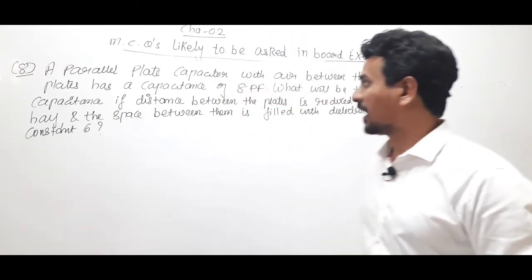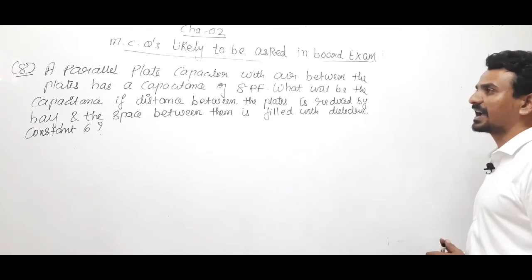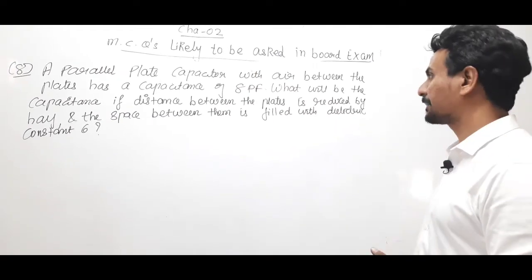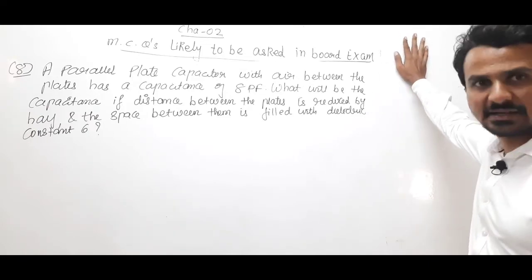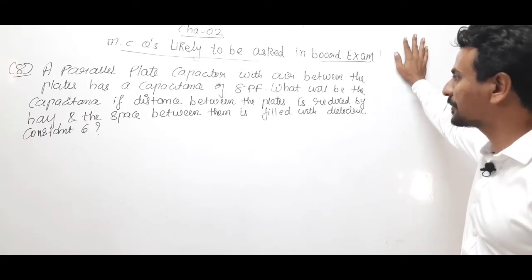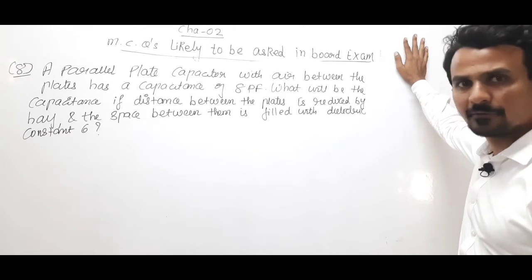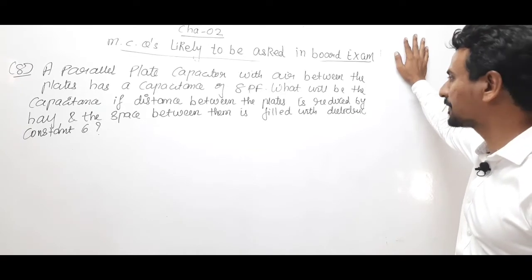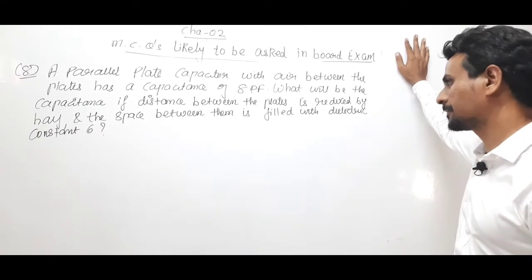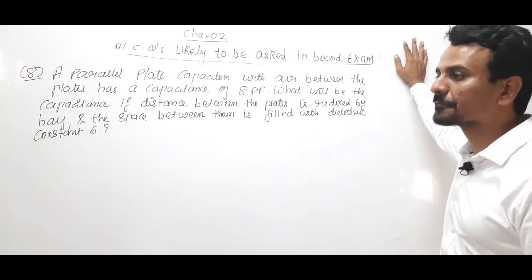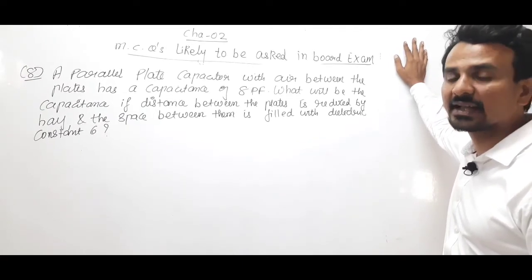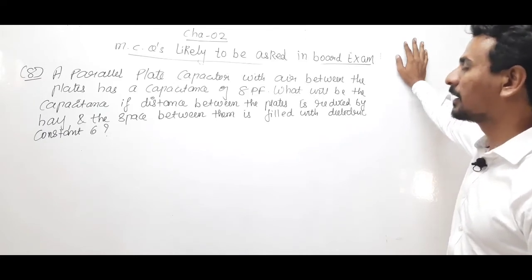A parallel plate capacitor with air between the plates has a capacitance of 8 picofarad. What will be the capacitance if the distance between the plates is reduced by half and the space between them is filled with dielectric constant 6? When a dielectric is introduced between the plates of a capacitor, the capacitance increases by factor K, right?